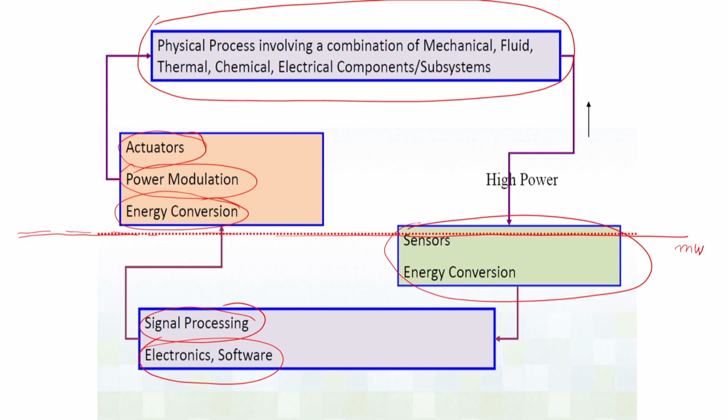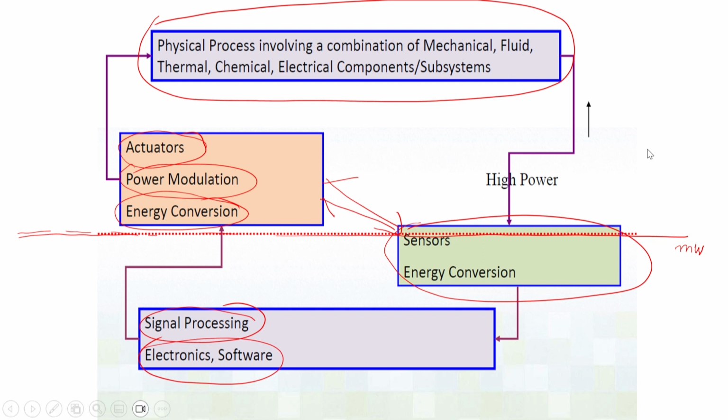So, even though both sensors and actuators are based on the energy transduction principle, sensors work in the low power domain, actuators work in the high power domain. That is an important point we have to keep in our mind.